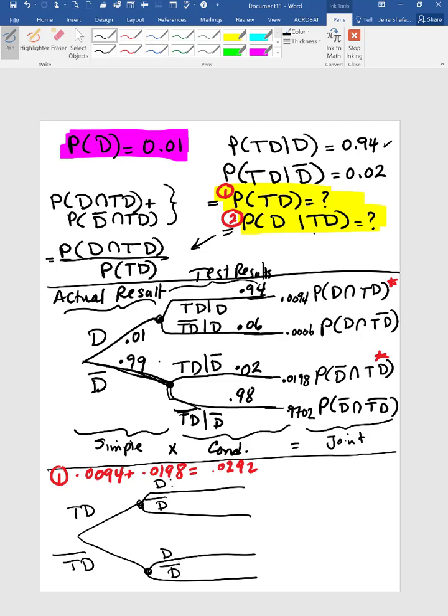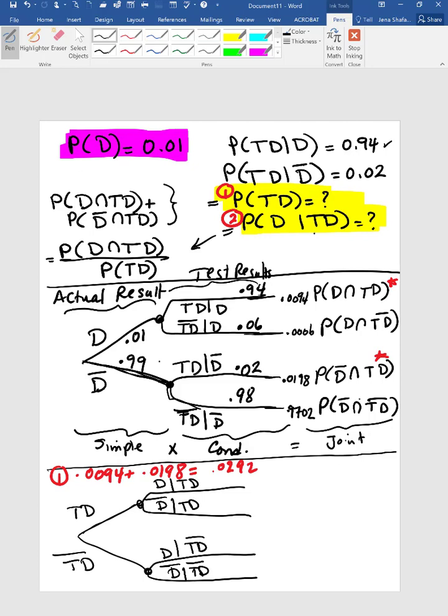But again, remember these are conditional probabilities. These two would be given TD, and these would be given TD bar. And then, of course, these are the joint probabilities.